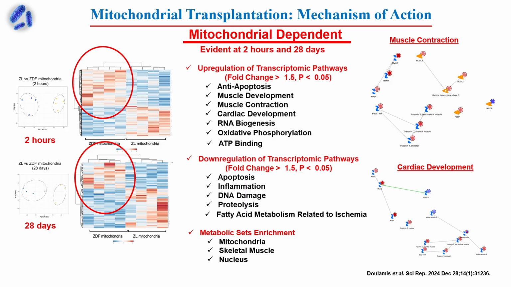And we get, surprisingly, downregulation of apoptosis, DNA damage, proteolysis, and fatty acid metabolism, because you switch over when you get this. We also get upregulations for mitochondria, skeletal muscle, nucleus.